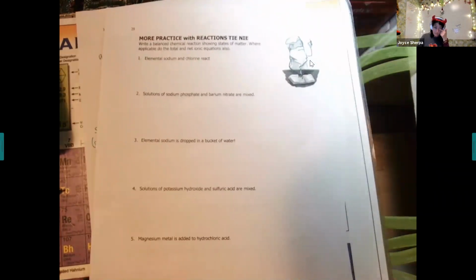All right. So pause for like 6 minutes. Pick the equation that you like. Not all of these have net ionics. So only the doubles are we doing that with.